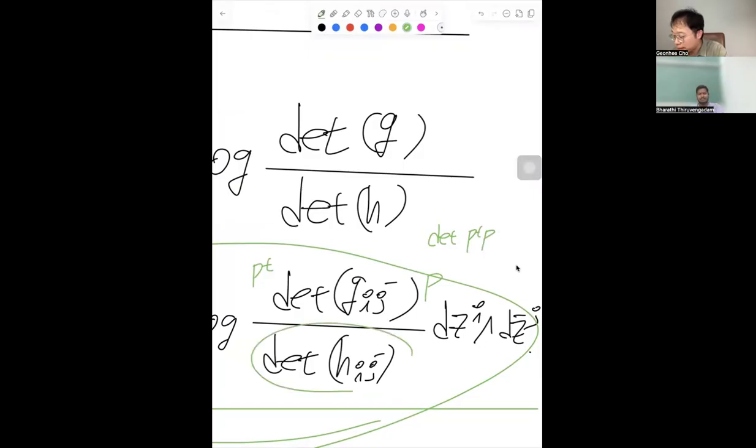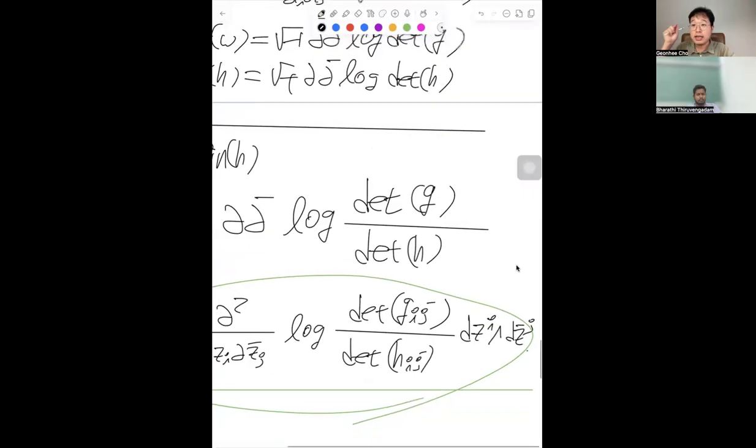But what do you know? You should have the same effect on the denominator. So what happened? They will be canceled. So the effect of changing the coordinate will give you a form like A B A inverse or A B A transpose, that kind of form, right?